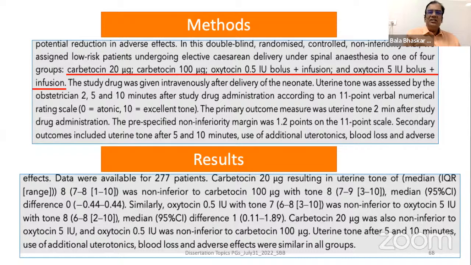And very surprisingly, the primary outcome was the uterine tone 2 minutes after the study ended. They said carbetocin 20 microgram was good and comparable to carbetocin 100 micrograms, and the 0.5 and 5 unit boluses of oxytocin followed by infusion were also non-inferior. So basically, there was not much difference. So this is a useful study.